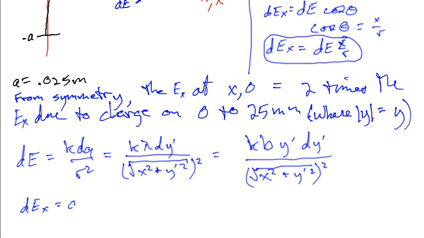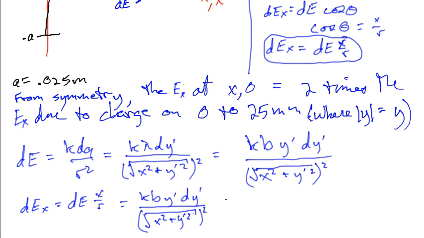dEx is dE times x over r, which is equal to k b y prime dy prime over the square root of x squared plus y prime squared, all squared, times x over square root of x squared plus y prime squared.